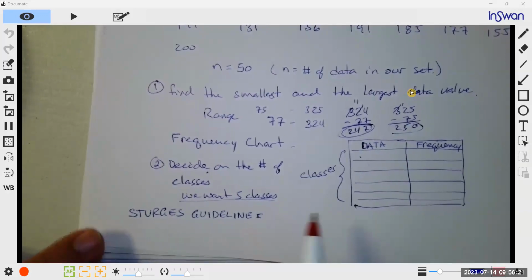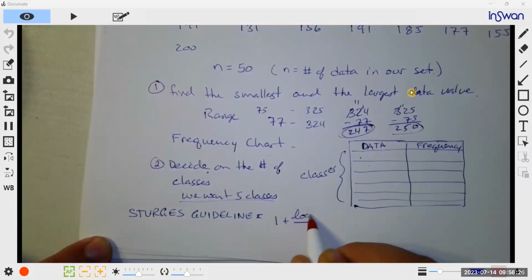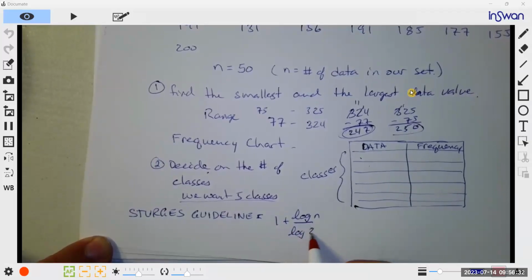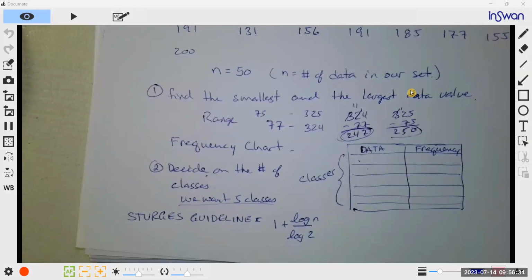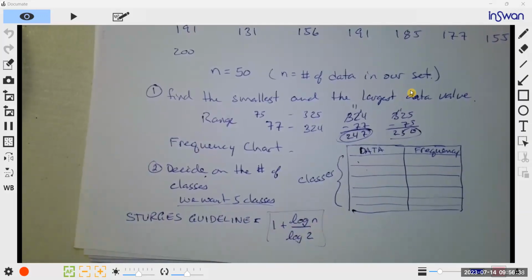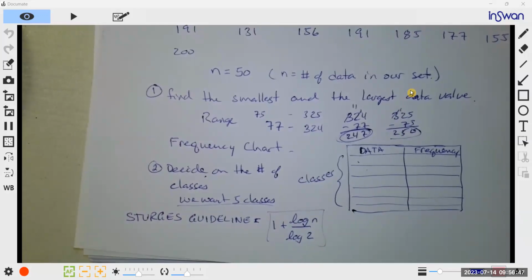The formula here is 1 plus the log of n, where n is the number of data points we have, divided by the log of 2. This calculation will give you a pretty good estimate of an ideal number of classes to have.